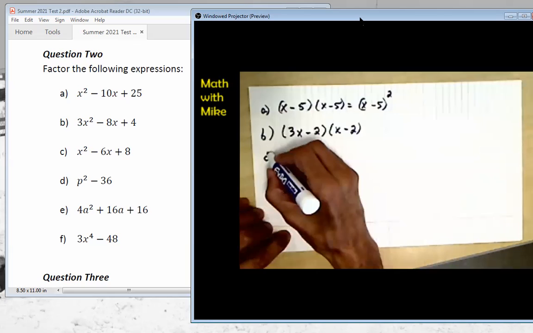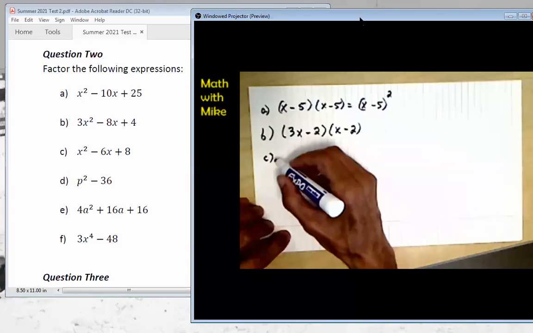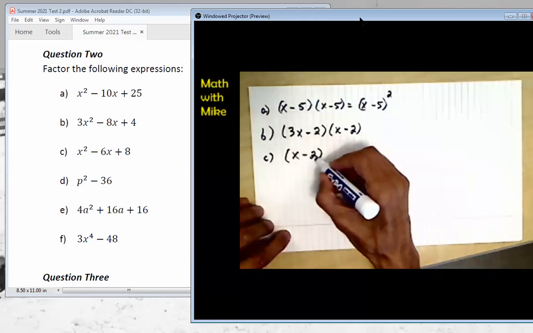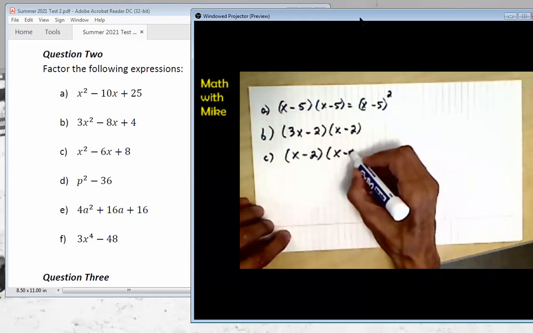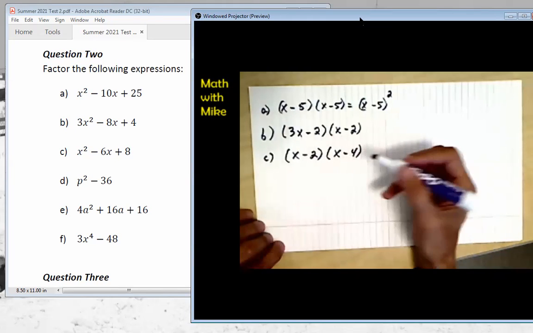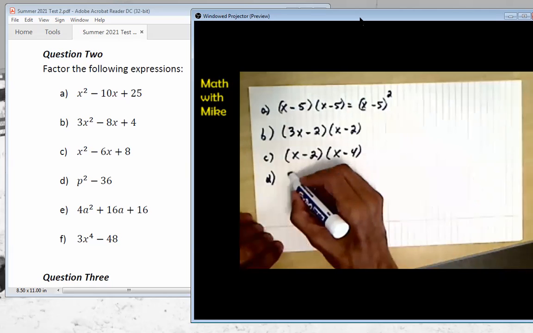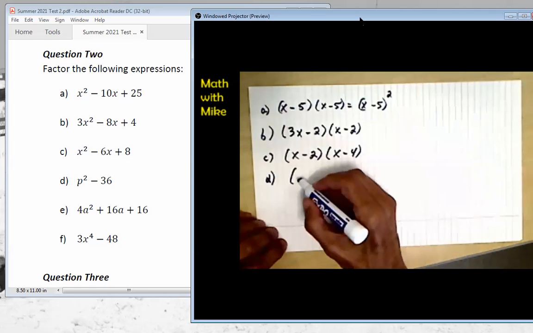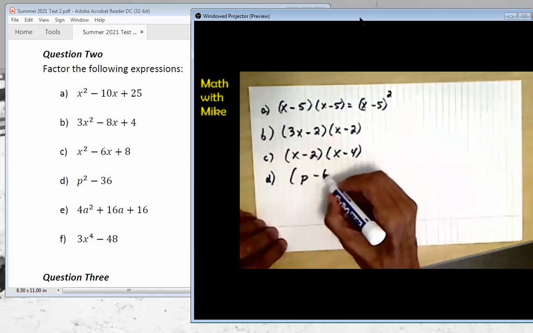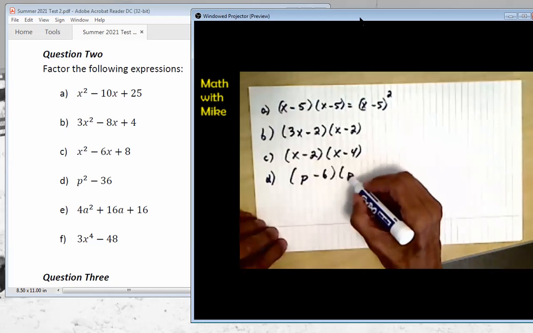For C, this is x minus 2 and then x minus 4. D, p minus 6 and then p plus 6 because it's a difference of squares.